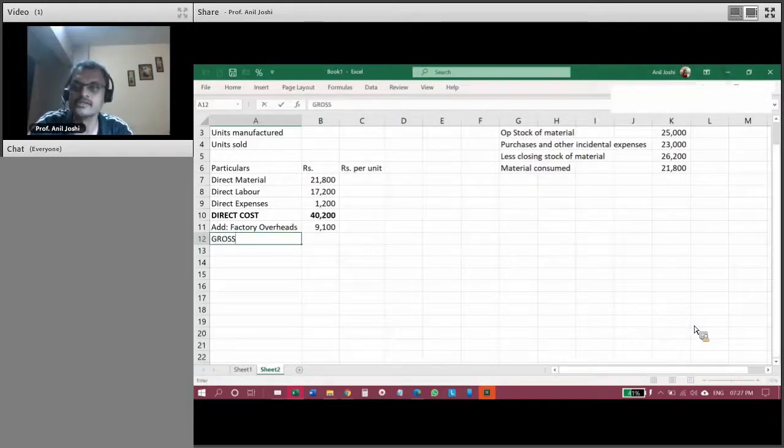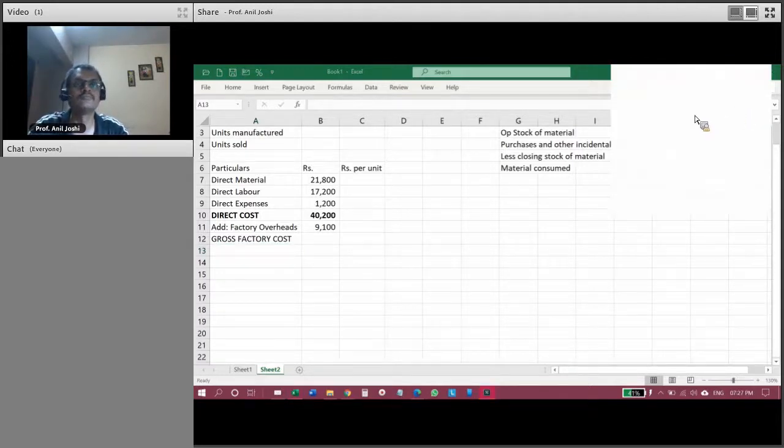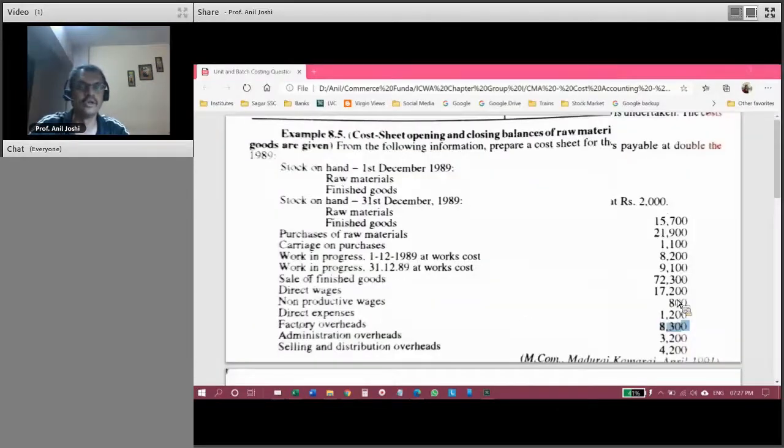Correct? So that will be your factory overheads. That gives us the gross factory cost, and this is the gross factory cost incurred in that period, in that month. Hisham, 8,300 plus 800 also, na?